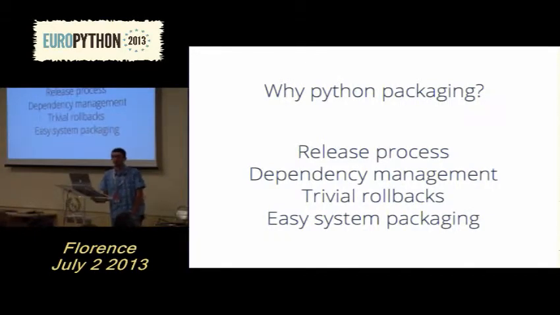You get dependency management for free, so your requirements are always in sync with the actual app that's installed. Rolling back is trivial. You just install an older version, and then it's easy to go to the next level and use system packaging like apt or yum.